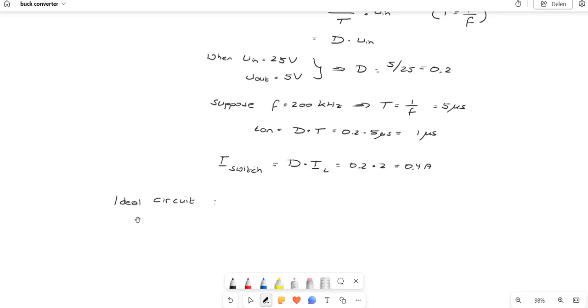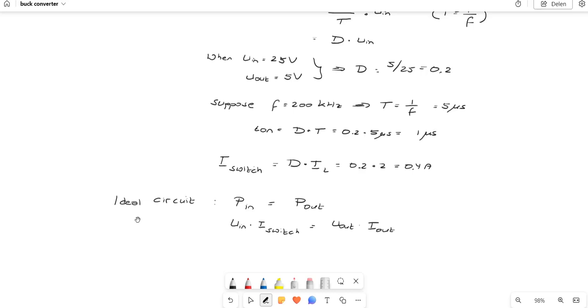Then the power at the input is equal to the power at the output. So the power at the input was U in times I in, which I called I switch, and that is equal to the output power, which was U out times I out.